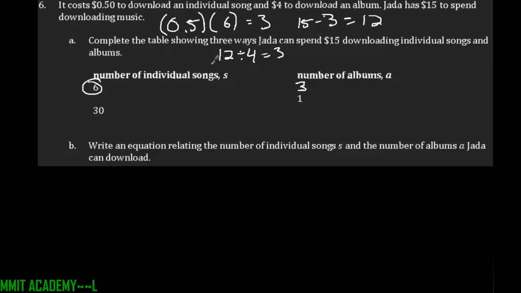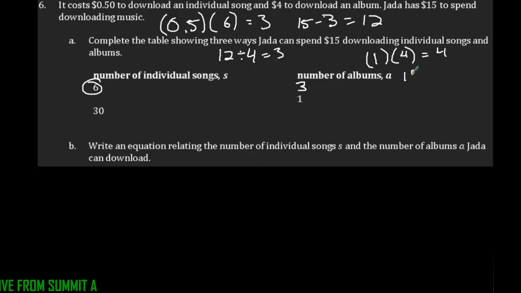So make sure you can see how I pieced that together. I was able to find out how much was left over after doing that. So now we could do the same idea. If we take 1 times 4, that is $4, and if we take, sorry, it should be 15.